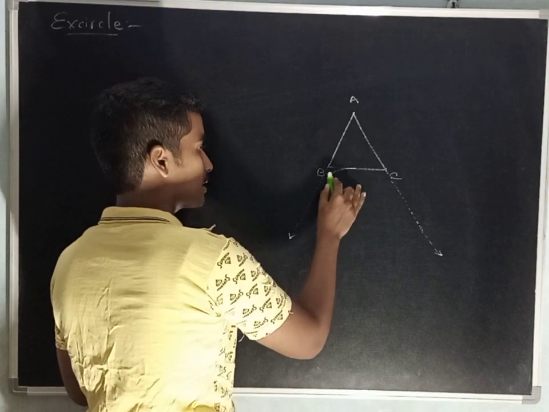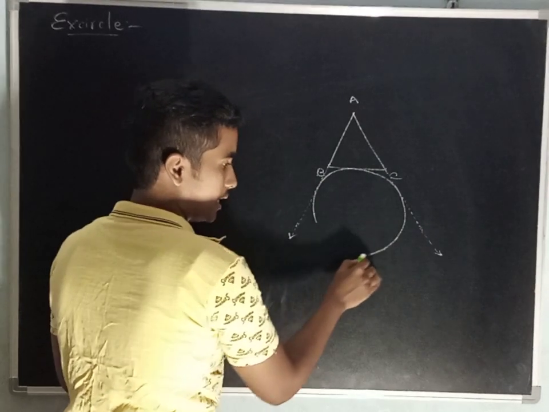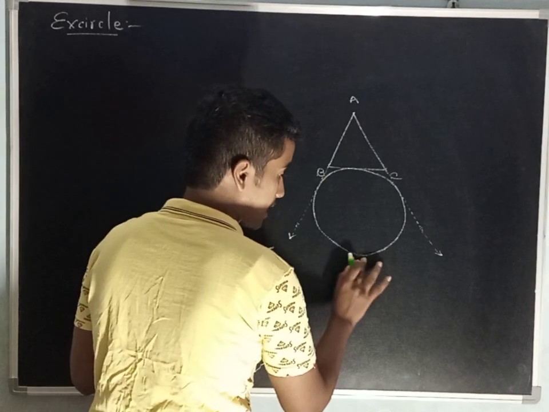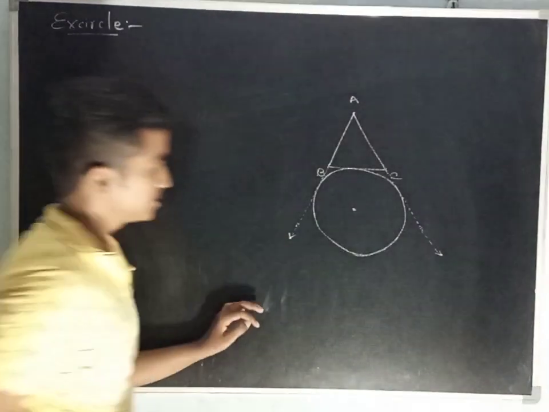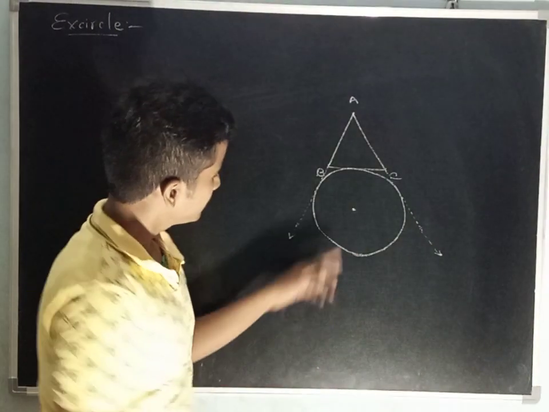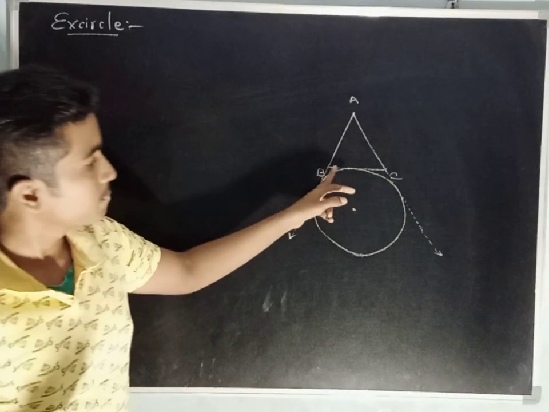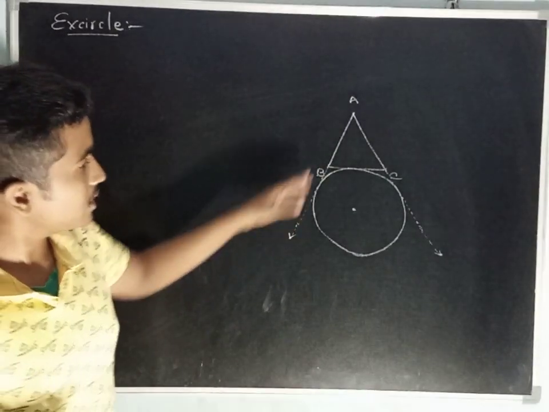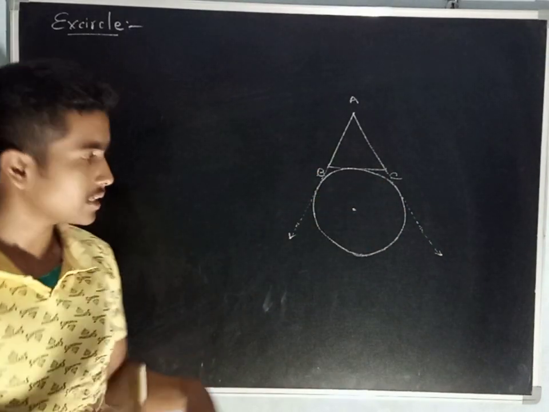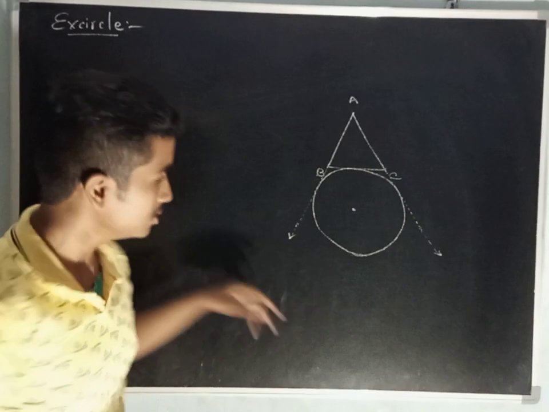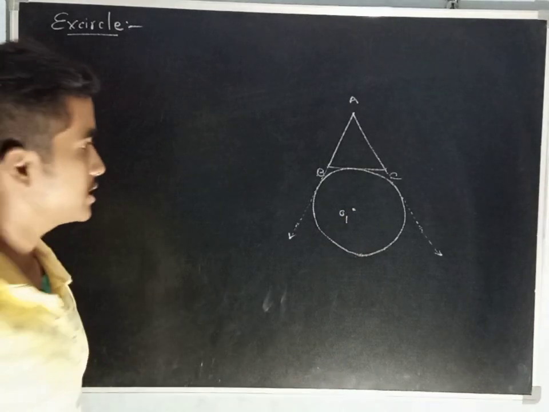Then here a circle is drawn so that the side and the two extended lines act as tangents. Here I have drawn a circle such that the lines extended from the two sides and the third side act like tangents to the circle. This is how we can draw it. O1 is the first center.